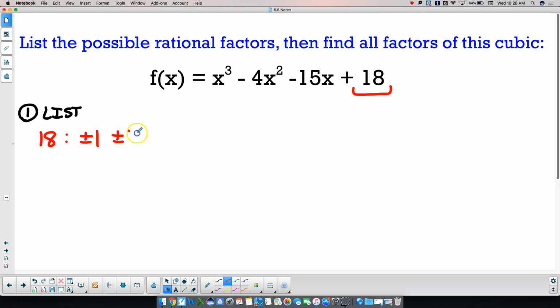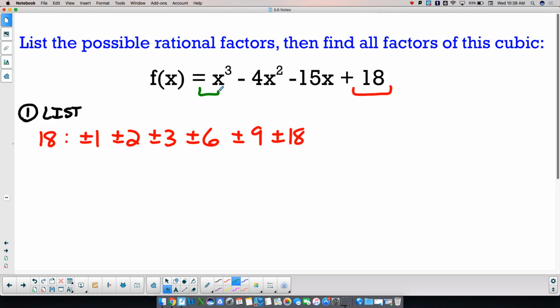One, 2, 3, 6, 9, and 18. Then, I look at the factors of my lead coefficient.